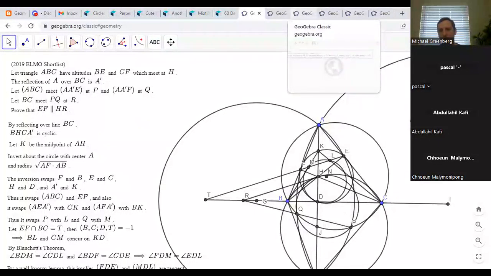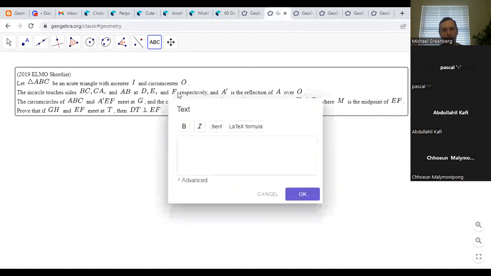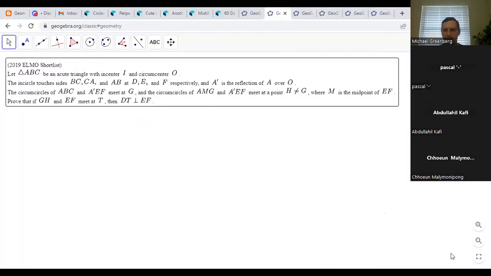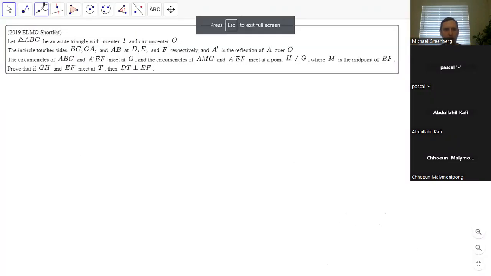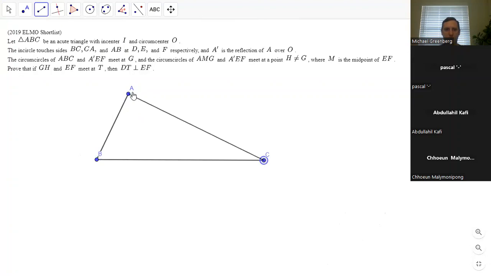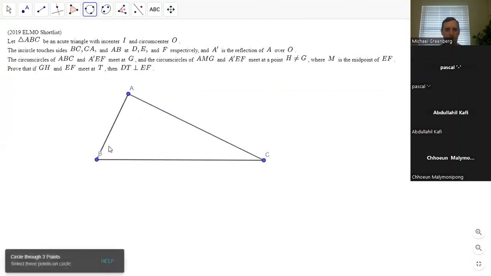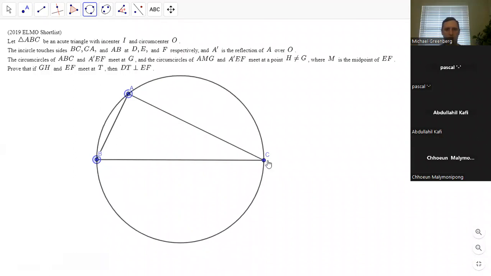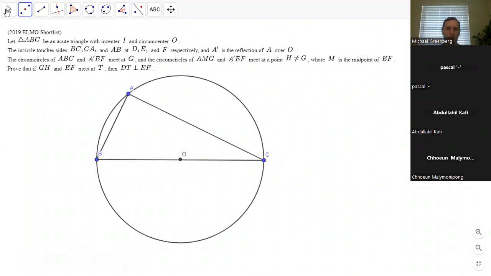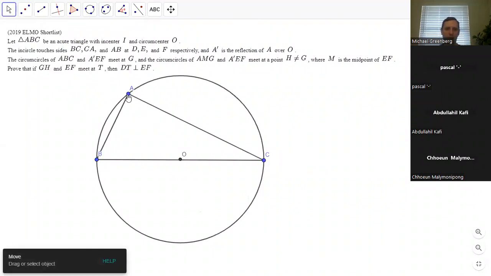All right, so here's the next one. Also from the ELMO, we have a triangle with incenter I and circumcenter O. And we draw the incircle and the antipode of A. So this should be O. This is almost like a right triangle, so let me make it more cute.